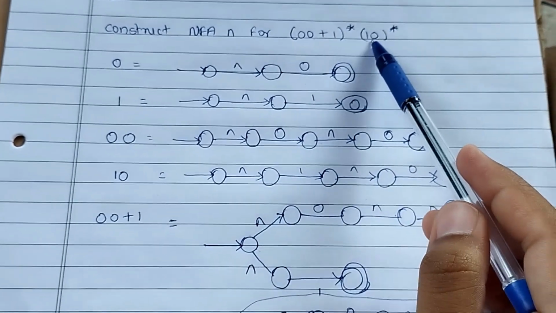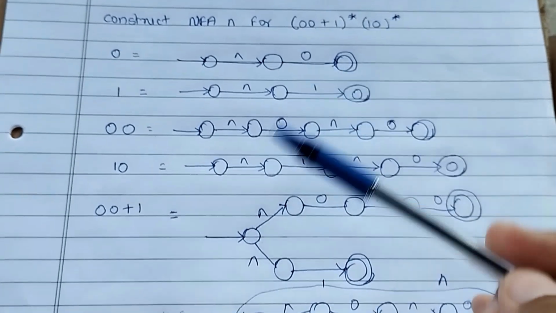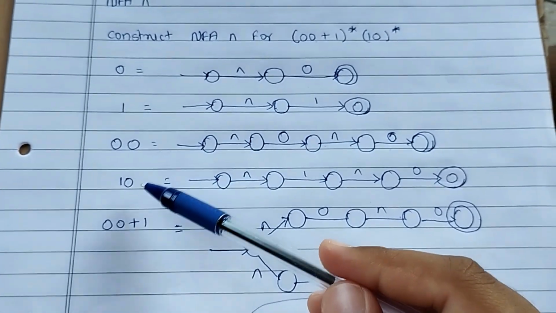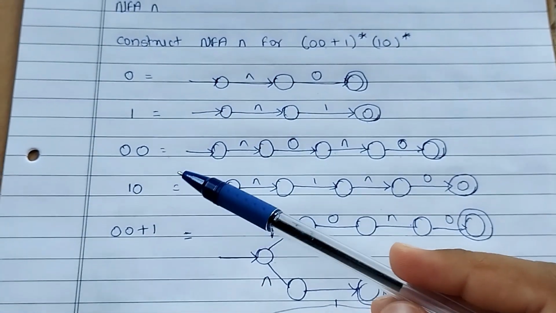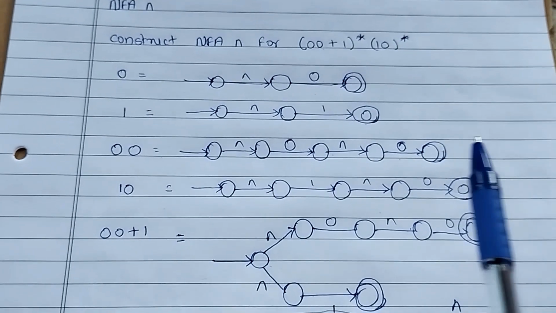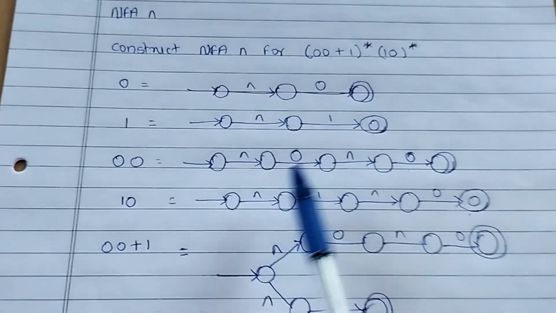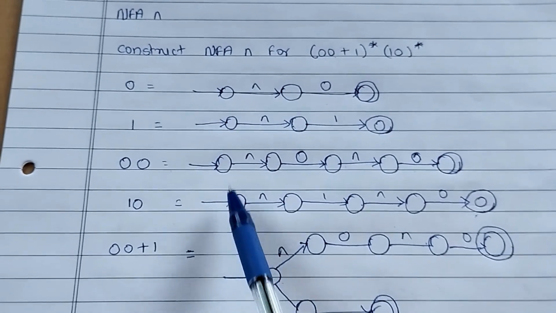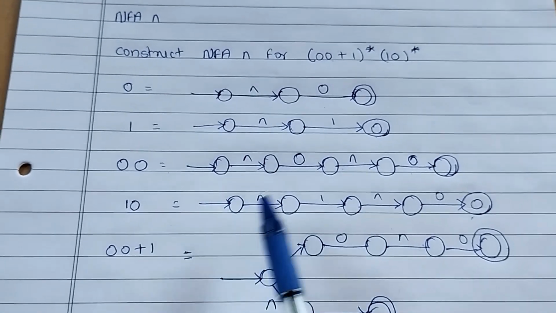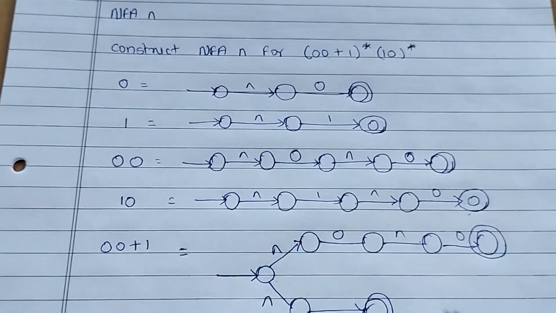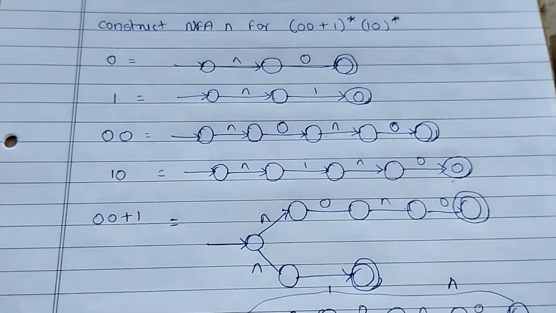Now we draw 1 0 star. We already drew 1 0, now we draw 1 0 star. How do we draw it? Only this acceptance state we do not accept here; we pass through it to the initial value, and this initial state we accept, and then we combine these two states. So step by step we move forward. Now 1 0 star, how do we draw?